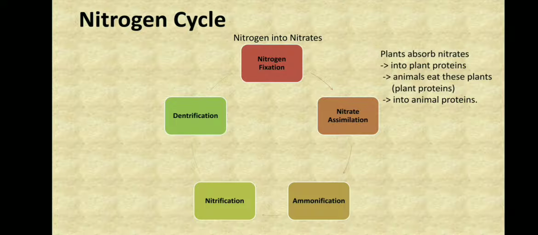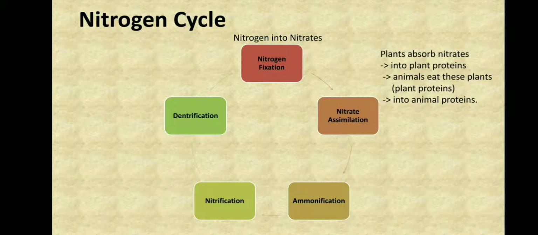After that, in nitrate assimilation, plants absorb these nitrates, and they are converted into plant protein. And when animals eat these plants, the plant protein is converted into animal protein.